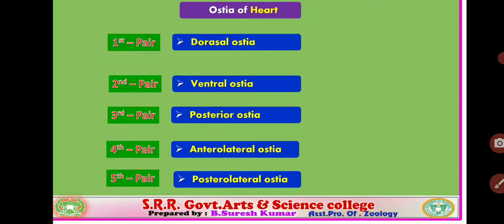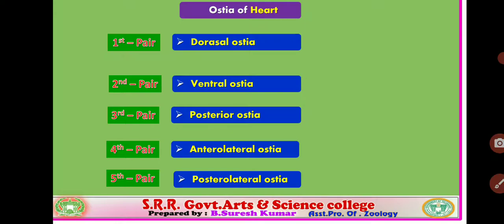Remember. So totally five pairs of ostia are associated with the wall of the heart. So they have different names. First pair dorsal ostia, second pair ventral ostia, third pair posterior ostia, fourth pair anterolateral, fifth pair posterolateral. Followed? All these are ostia present in the wall of the heart. They allow the blood to flow into the heart.